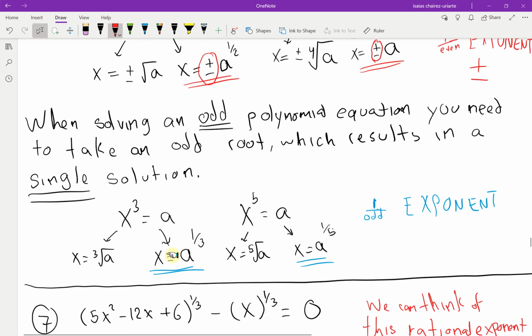With the odd roots, there's no plus or minus. If I am trying to solve x to the 5th equals a, that's just the 5th root of a, or a raised to the 1/5. So if you have an exponent that's 1 over odd, there's no plus or minus involved. Keep that in mind. We're going to use that in one of the examples that we work out.